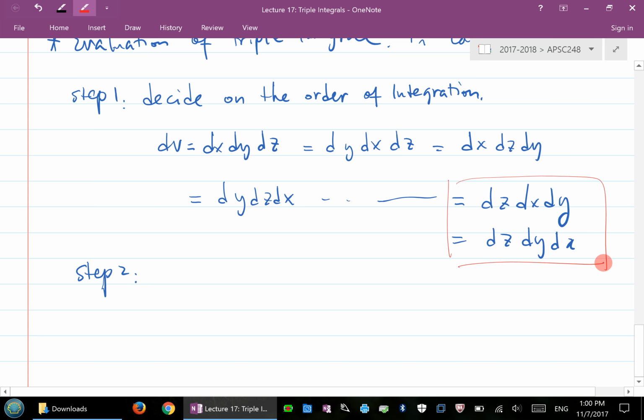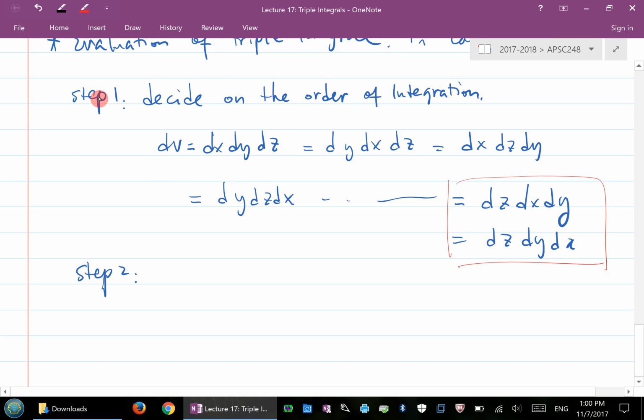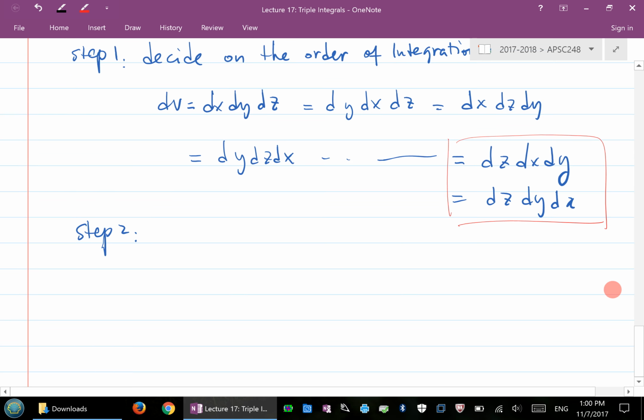You actually have to look at the regions sometimes in order to have a proper order for the integration. I'll use the order dz, dy, dx as my illustration.